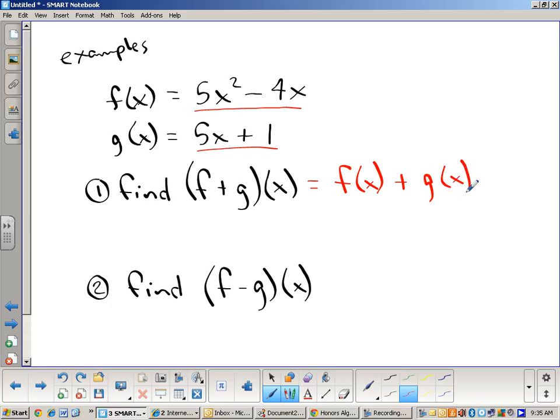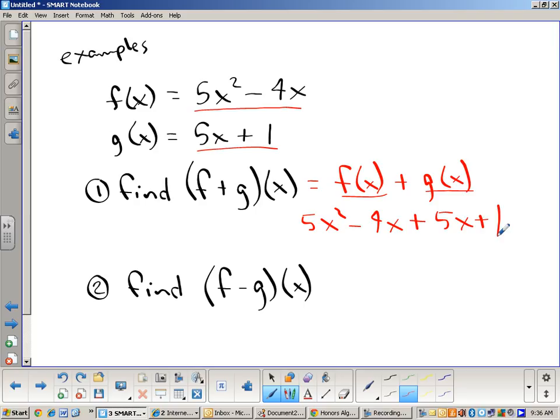And what did they tell me f of x was? 5x squared minus 4x. That's correct. And so I'm going to replace this with 5x squared minus 4x plus what they tell me g of x was: 5x plus 1. So I'm going to replace this with 5x plus 1.